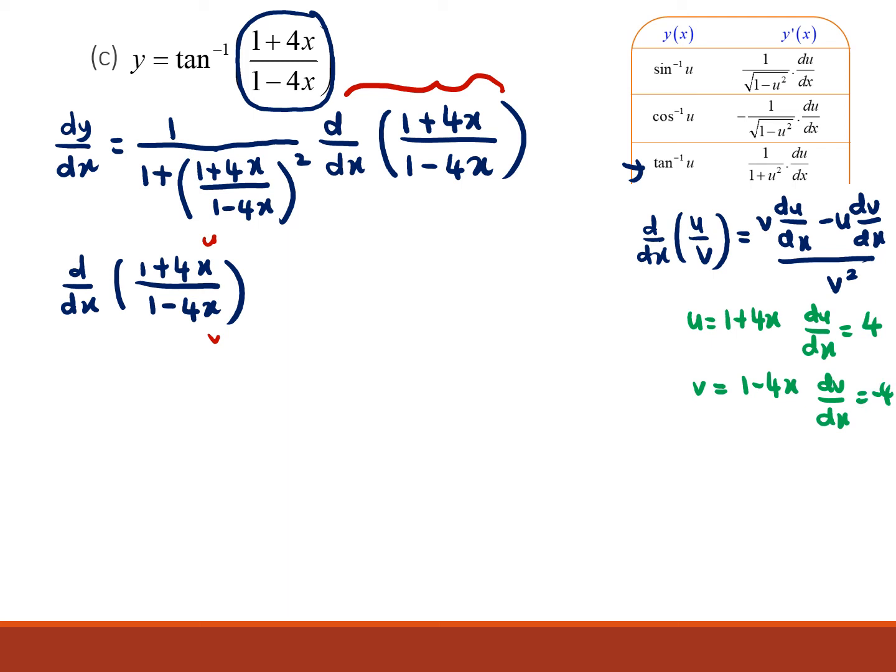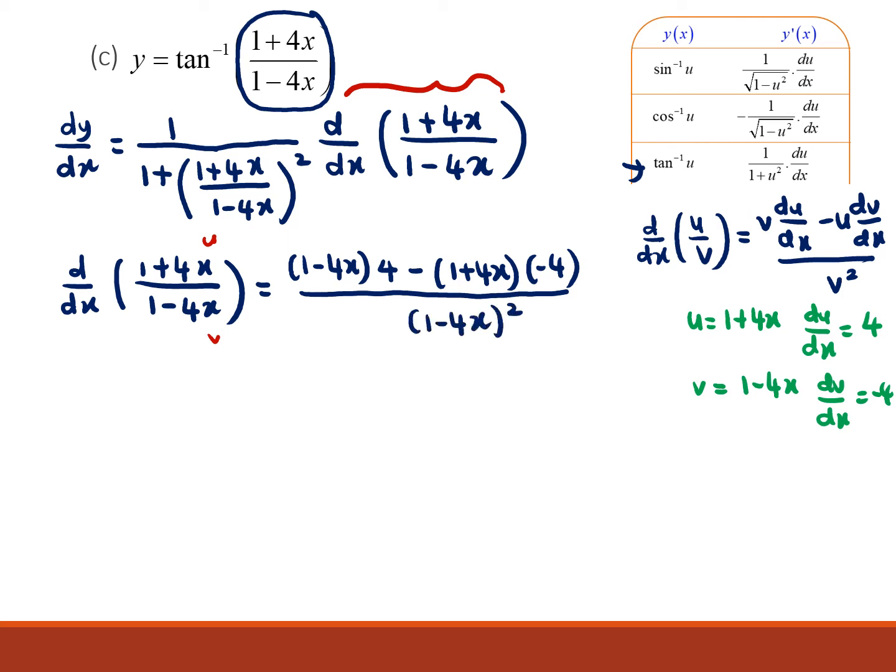So now we can substitute into the formula, where it will be v, which is 1 minus 4x, times du over dx, which is 4, minus u, 1 plus 4x, times dv over dx, which is negative 4, divided by v squared, which is (1 minus 4x) squared.